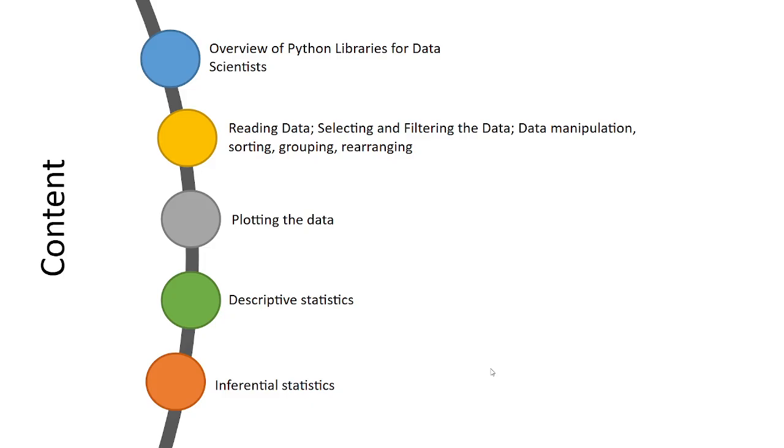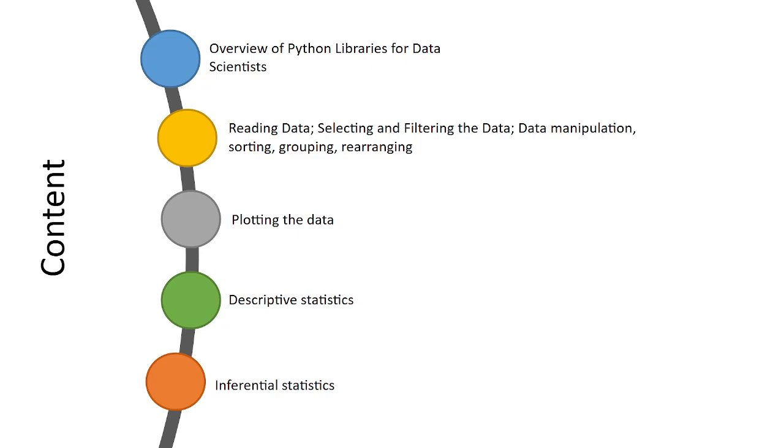The first one is related to how to handle arrays, that is, handling one-dimensional, two-dimensional, or three-dimensional values, which we call NumPy. The second one is related to how to handle data, similar to our programming environment. For that, we are going to discuss pandas.